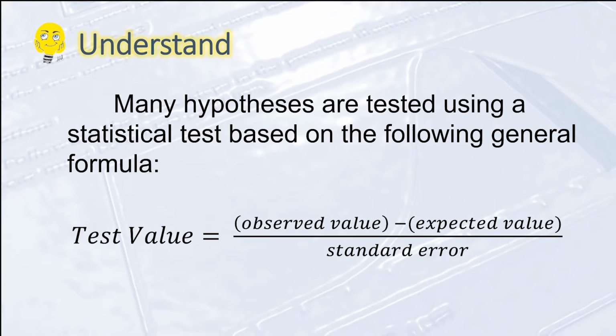The expected value is the parameter, such as the mean of the population, that you would expect to obtain if the null hypothesis were true. In other words, the hypothesized value. The denominator is the standard error of the statistic being tested, in this case, the standard error of the mean.